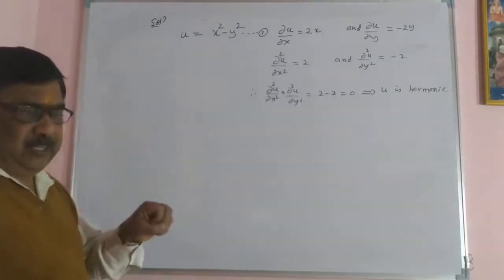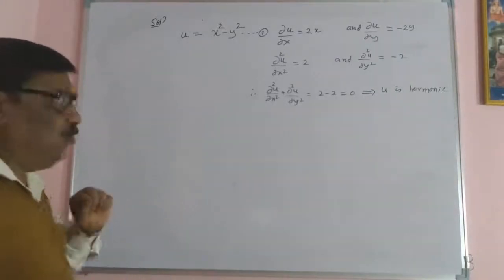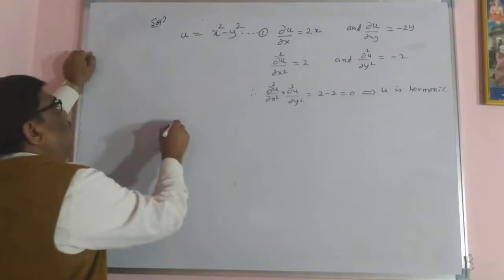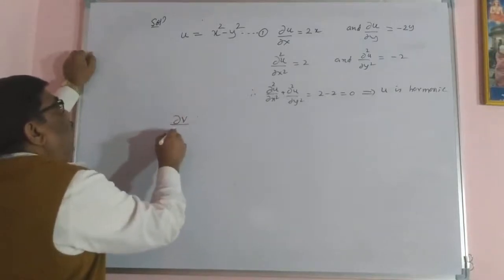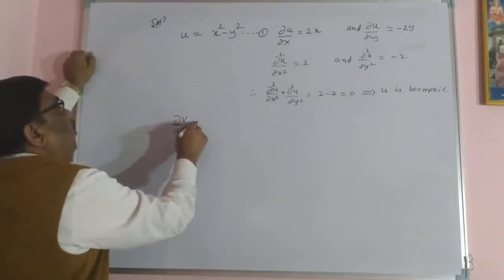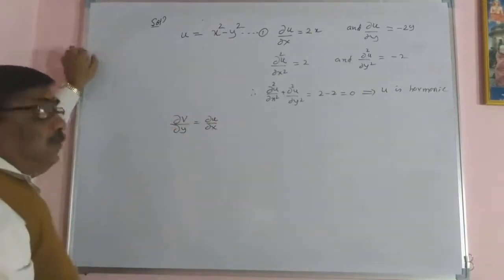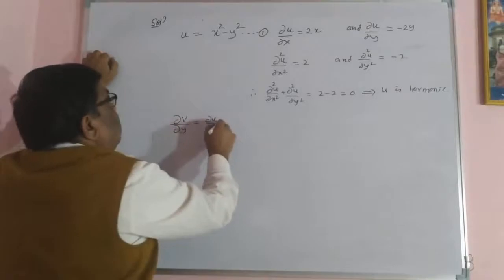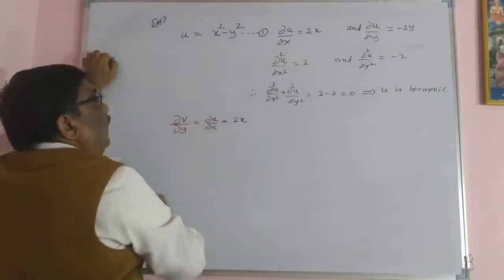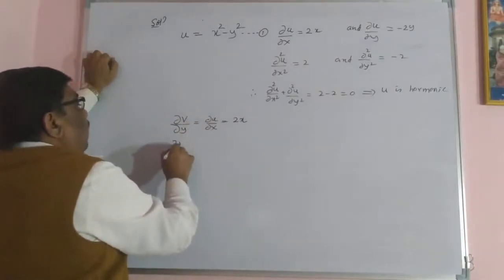Then I must find the harmonic conjugate. For that, start with ∂v/∂y equals ∂u/∂x, by the CR equation. ∂u/∂x is 2x. Integrate with respect to y.